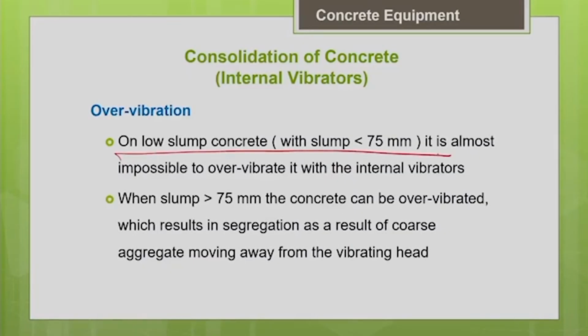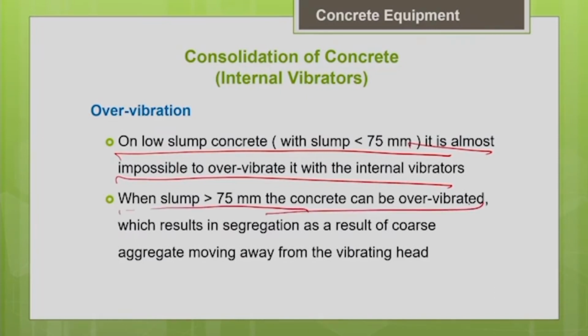When you handle stiff mixes, the chances for over vibration are very low. On low slump concrete with slump less than 75 mm, it is almost impossible to over vibrate with internal vibrators. But with slump greater than 75 mm, there are chances for over vibration, which can lead to segregation. It will result in movement of the coarse aggregate away from the vibrating head. That is why we should not over vibrate.